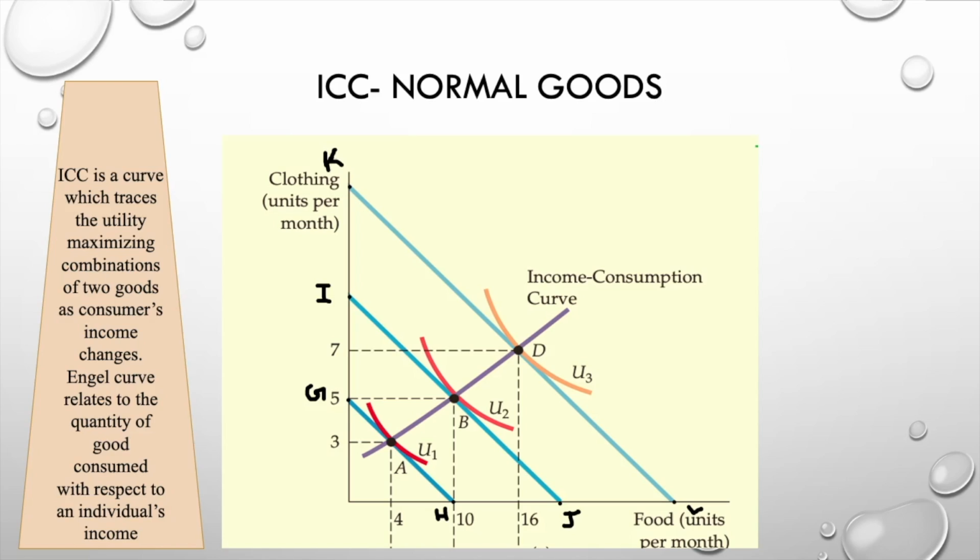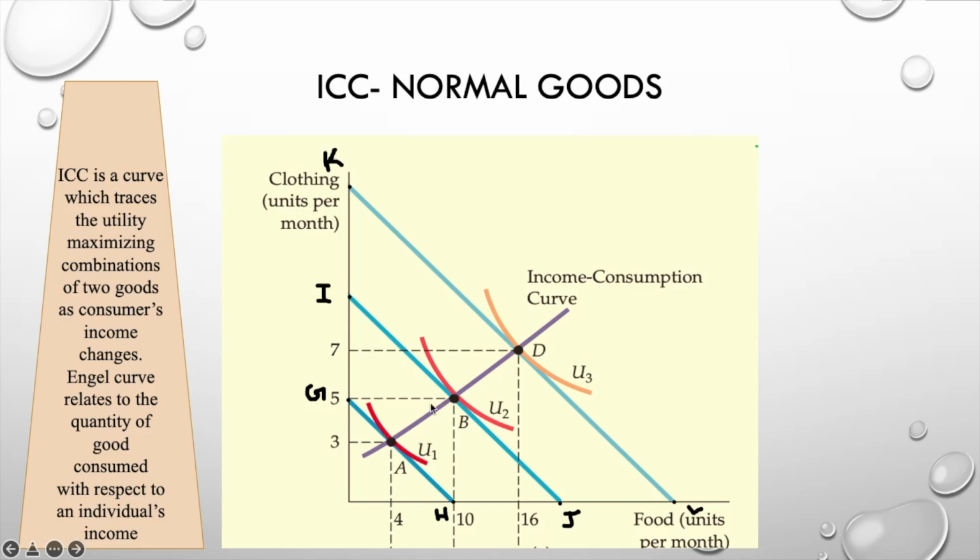The Engel curve, at the same time, relates the quantity of a good consumed to an individual's income. For instance, look at the quantity of food consumed at various levels of income here. When the consumer is at point A, his income is assumed to be $10 and the quantity of food consumed is 4 units.